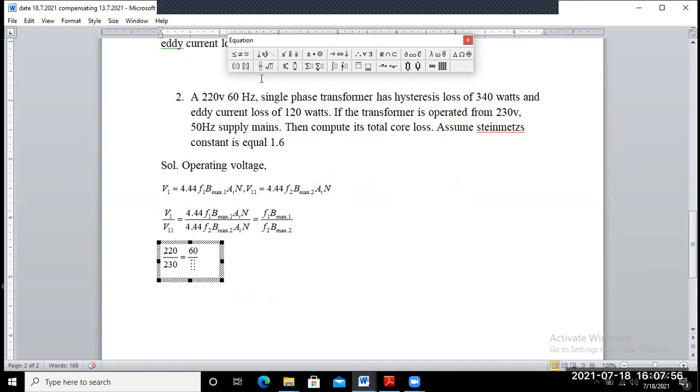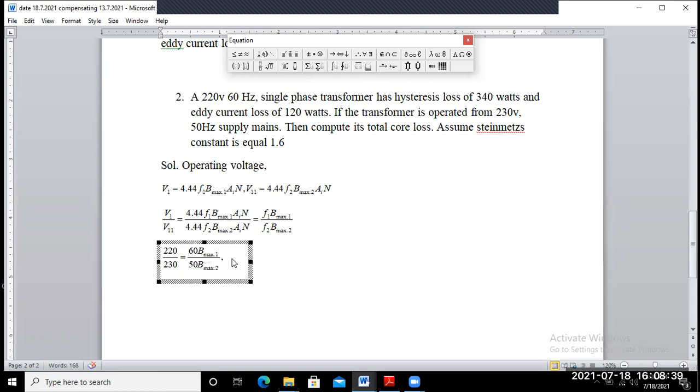F1 equal to 60, B maximum 1 divided by F2 equal to 50, B maximum 2.